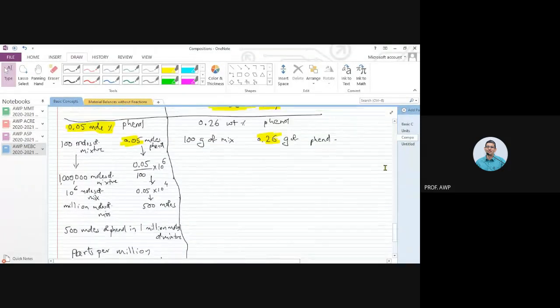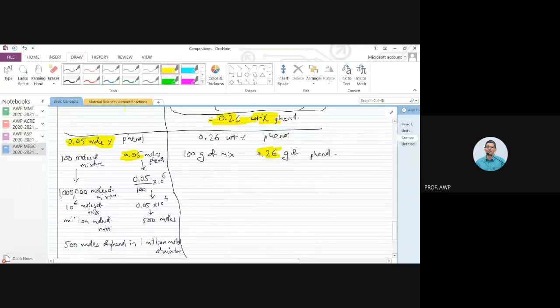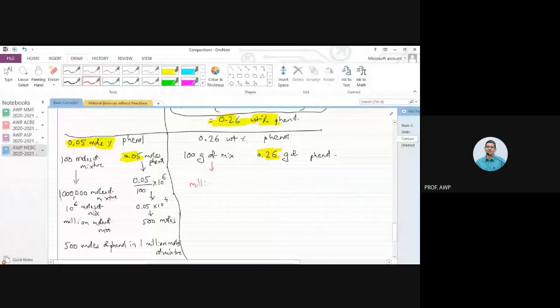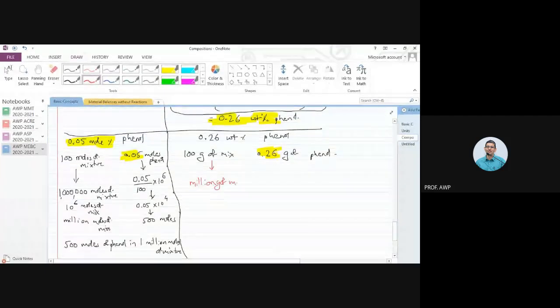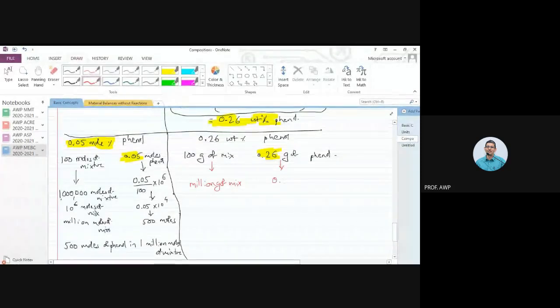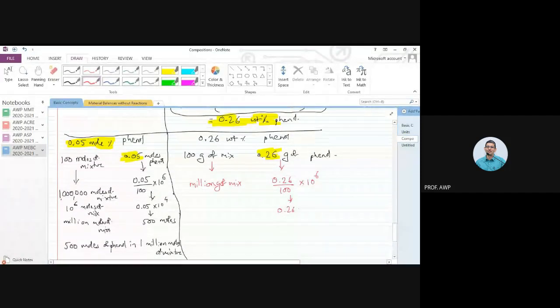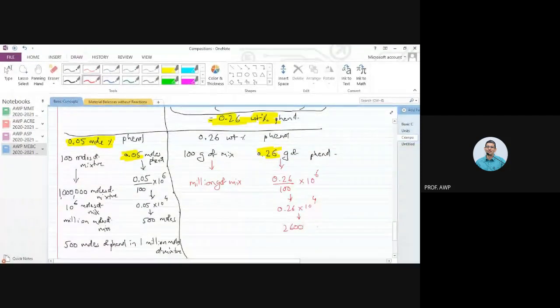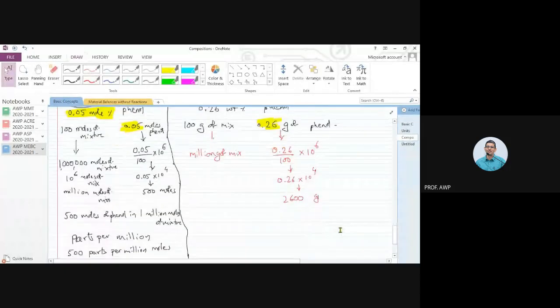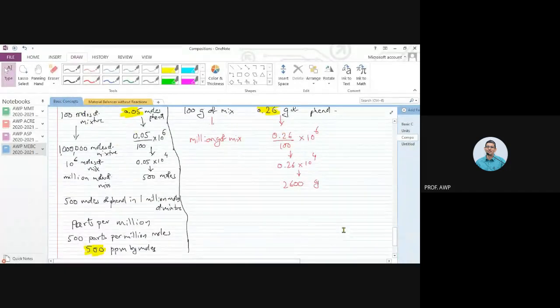Okay? Or let's look at it this way. Instead of 100 grams of the mixture, suppose I take a million grams of mixture. How much phenol would be there in a million grams of mixture? 0.26 divided by 100 into 10 raised to 6. This would be 0.26 into 10 raised to 4. This would be 2600 grams of phenol.